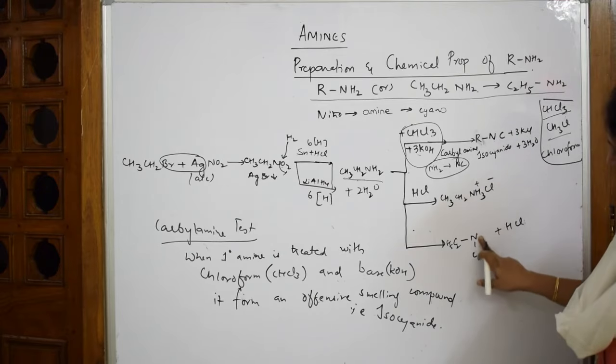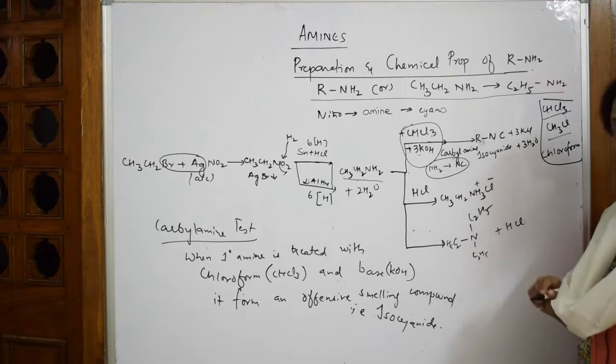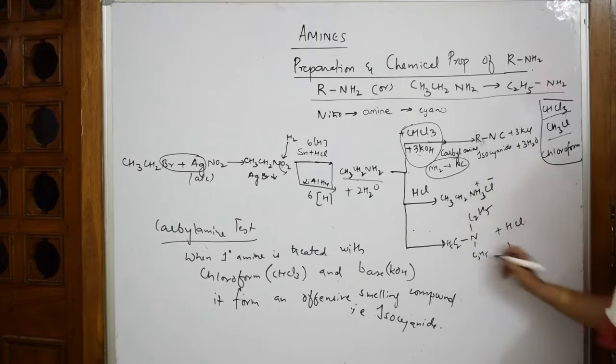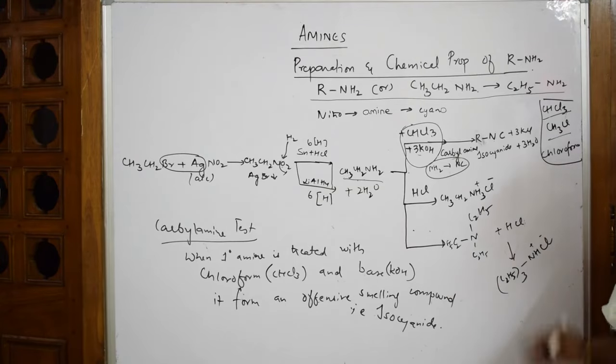Now what happens if you don't have any hydrogen, for tertiary? See what's going to happen. This whole thing, I'll write it three times. It's going to add this H and form NHCl minus. So tertiary ethyl ammonium chloride.